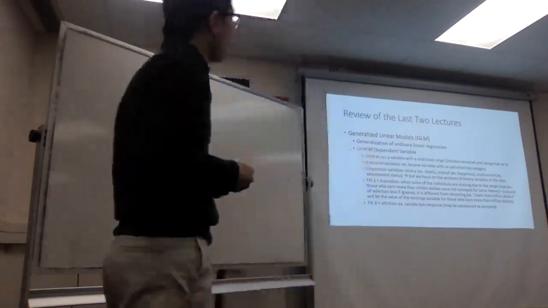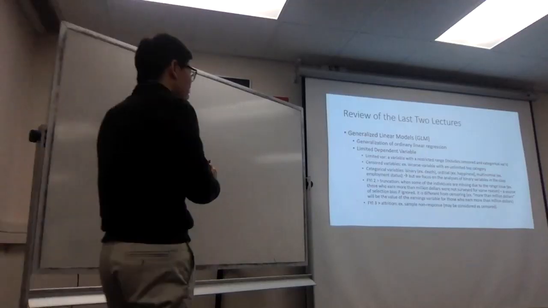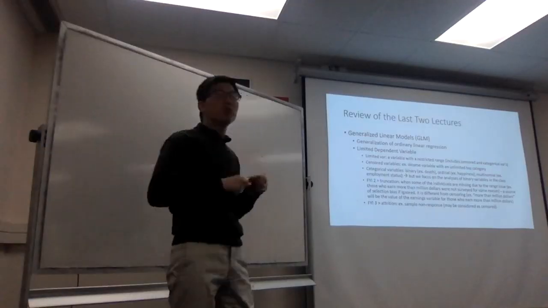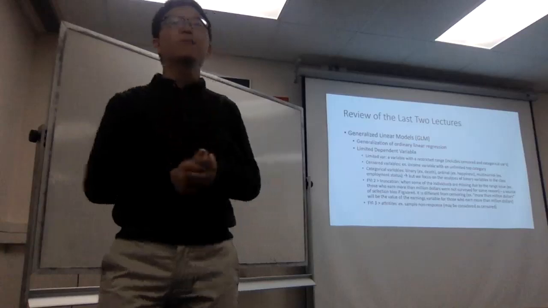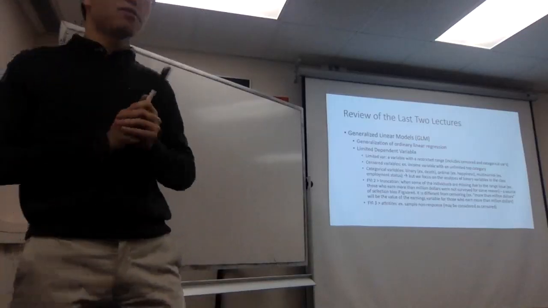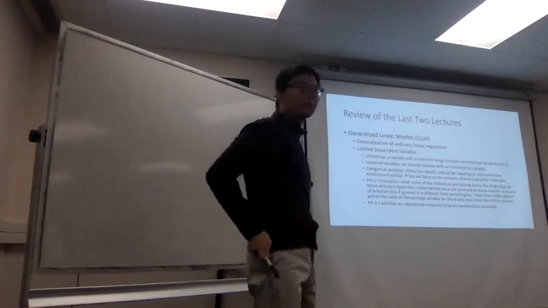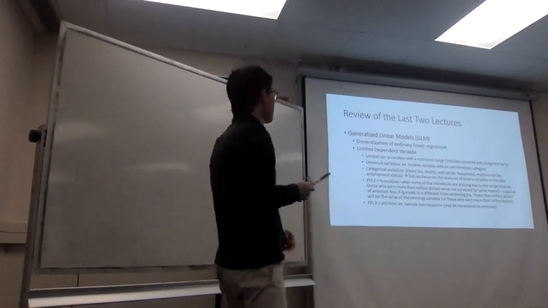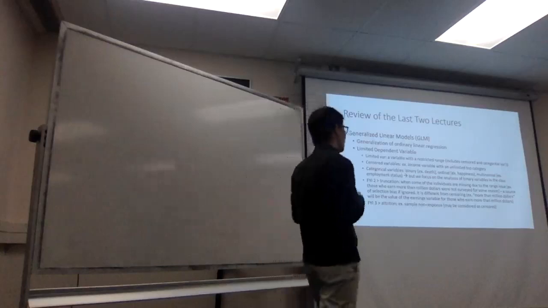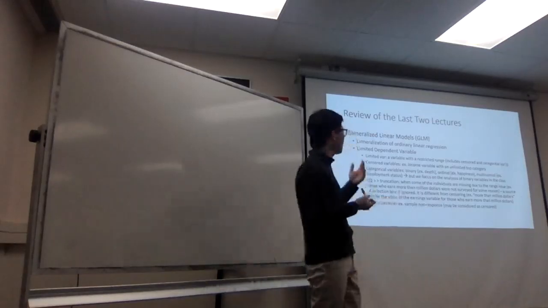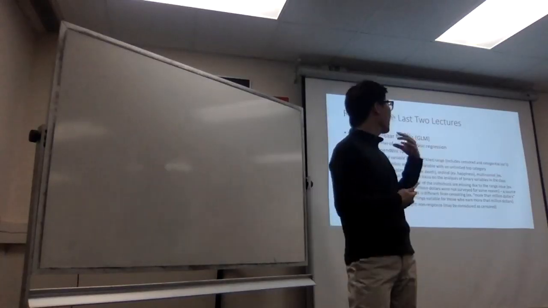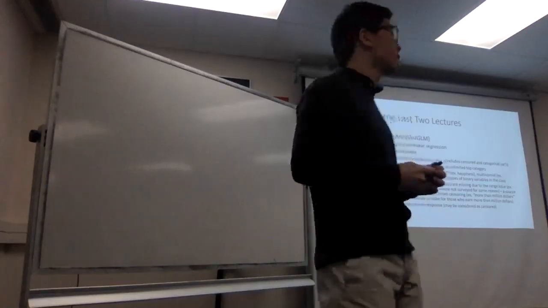But then we are generalizing this linear regression so that we can analyze limited dependent variables. So the question is, what is a limited dependent variable? It is defined as a variable with a restricted range, which includes censored and categorical variables.